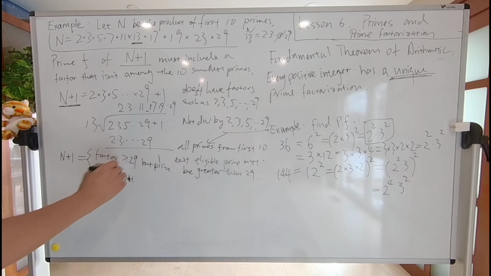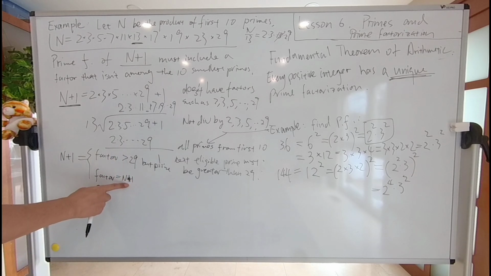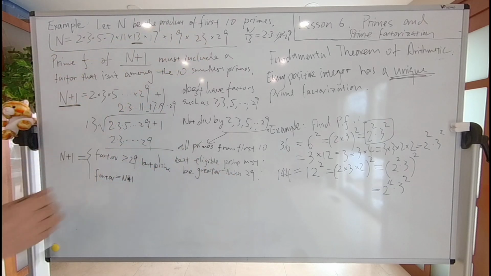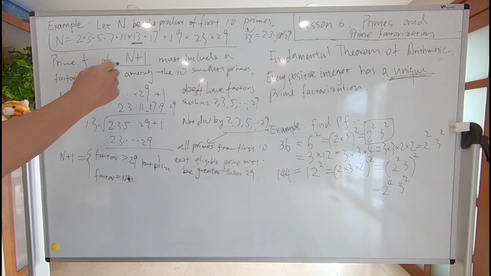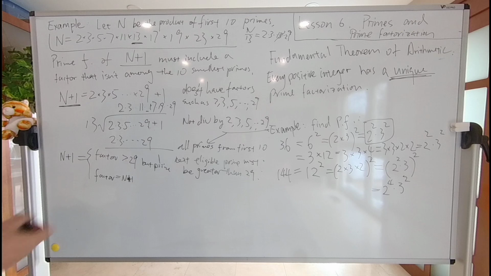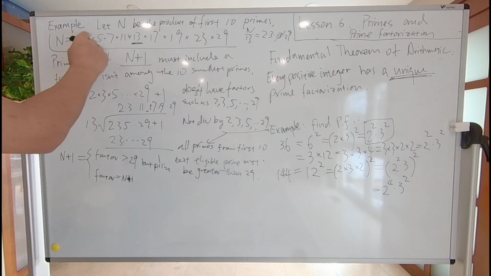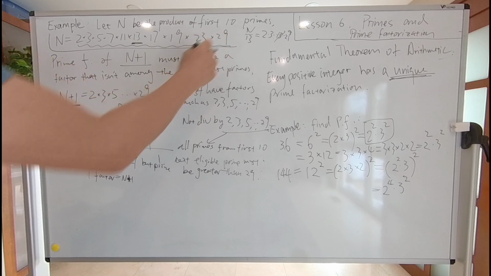Then the factor can only be n plus 1 itself, and n plus 1 is also obviously greater than all these numbers, right? So this proves that the new number n plus 1 must include a factor that isn't among these given primes.